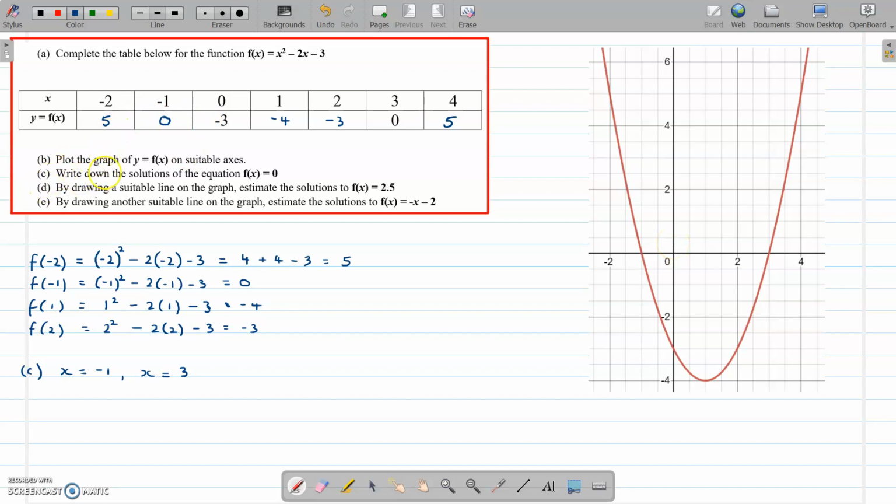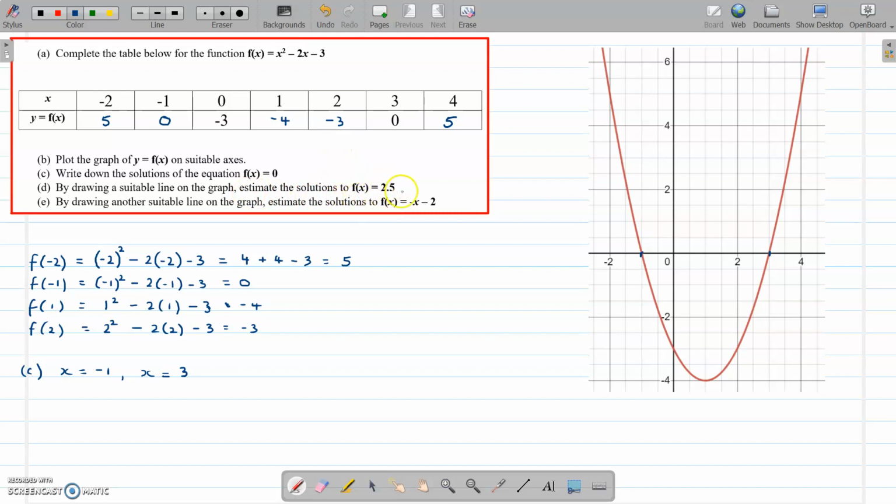Now it says write down, implying that they are exact and that you can easily see what they are. And you can see that that's -1 and that is 3. Now, in the next part, it says, by drawing a suitable line on the graph, estimate the solutions to that.